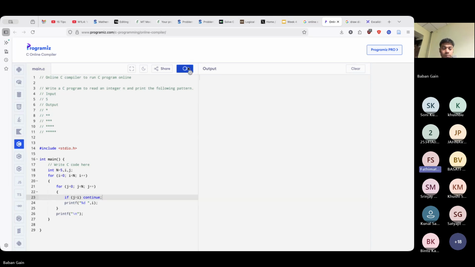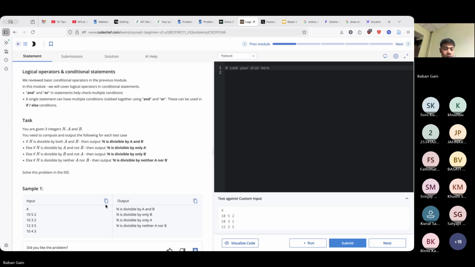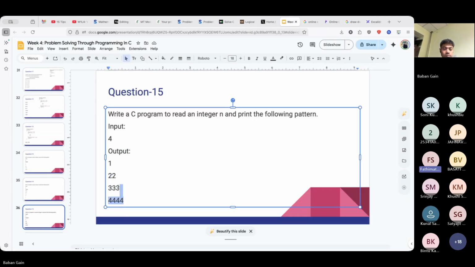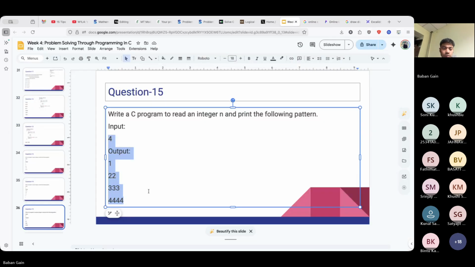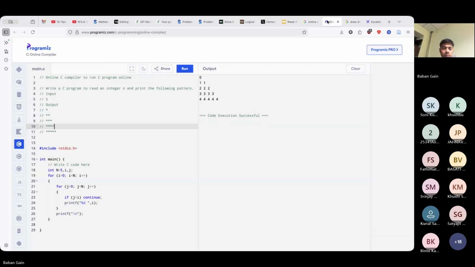Yeah, J greater than I. So one thing is that let me go here. We can start from 1 here. Initializing I equal to 1.